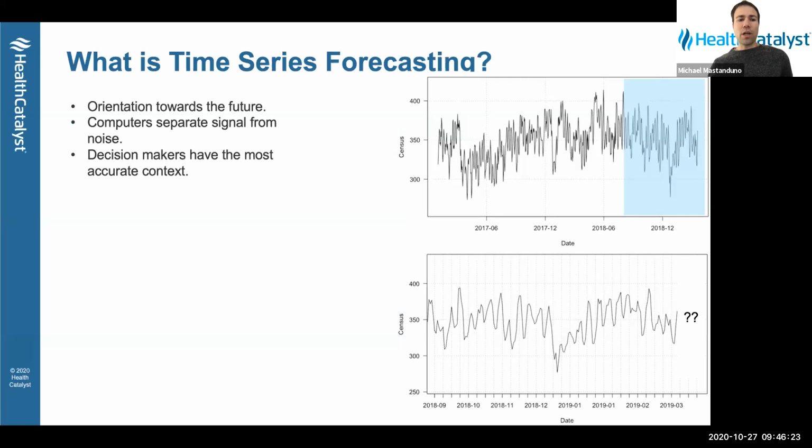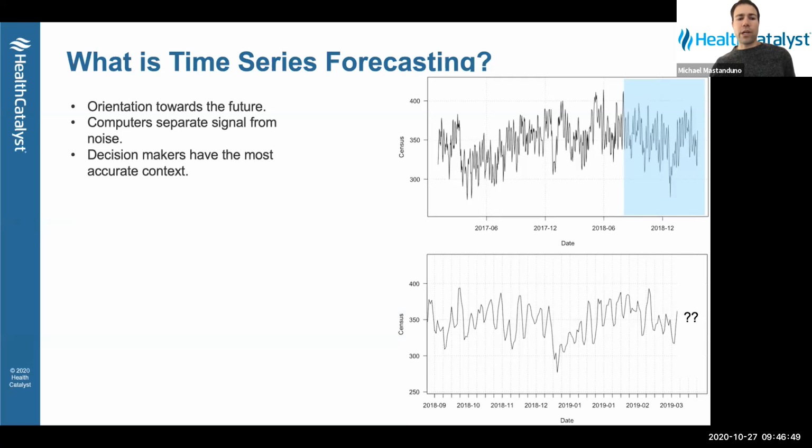So to put a little more specificity on the why, time series forecasts orient us towards the future, which is the only thing we can actually change. Computers are very good at separating signal from noise. So our goal here is to say, if a pattern or a trend exists in data, we can find it and use it as much as we can.